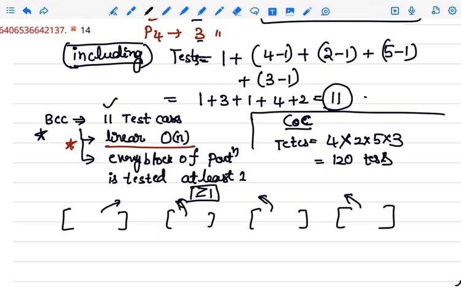This one is the test case size, which is linear, and every block of a partition is tested at least once. This is the second point, also important. And bug tracking is also easy.